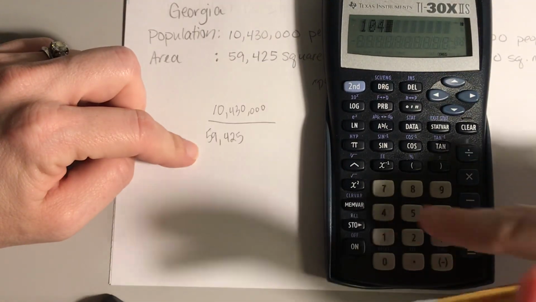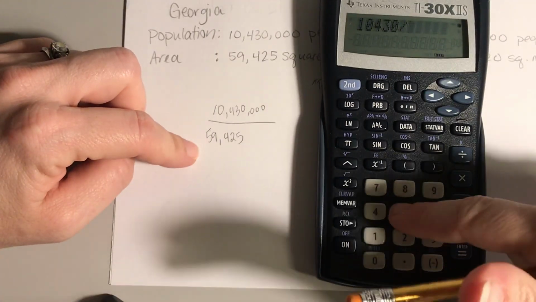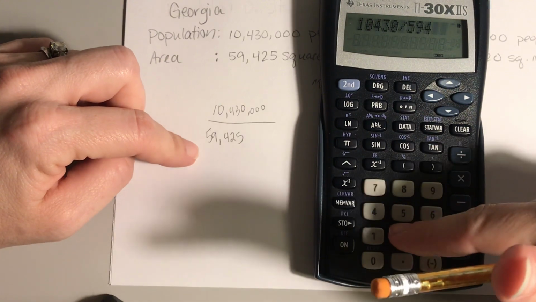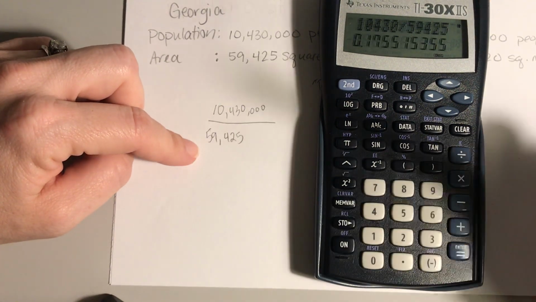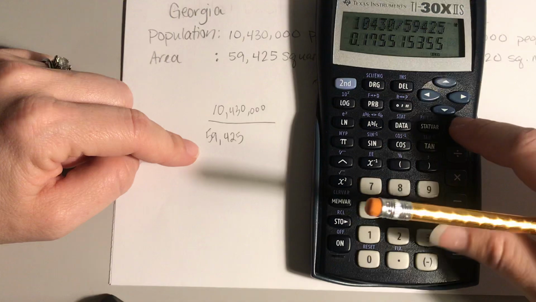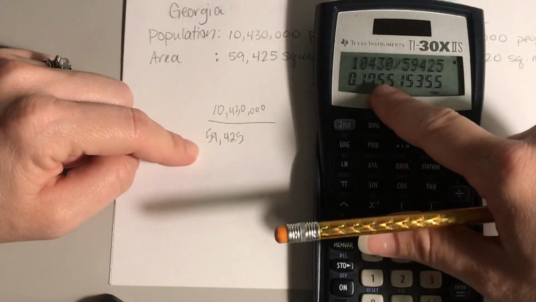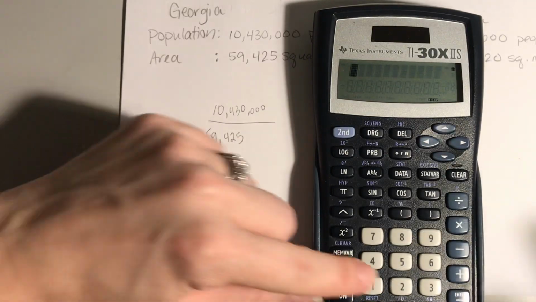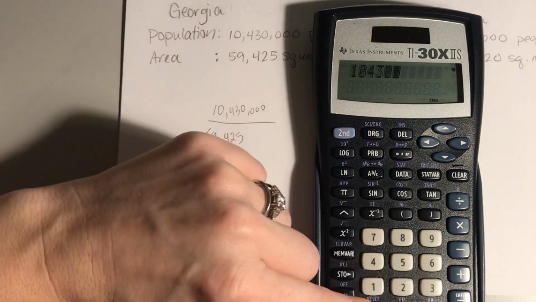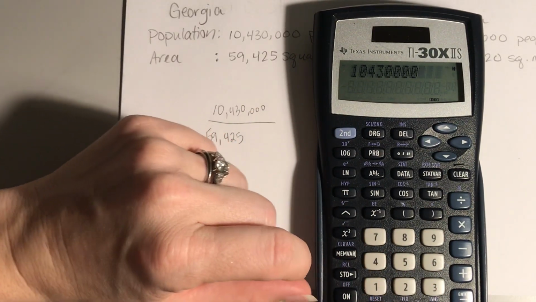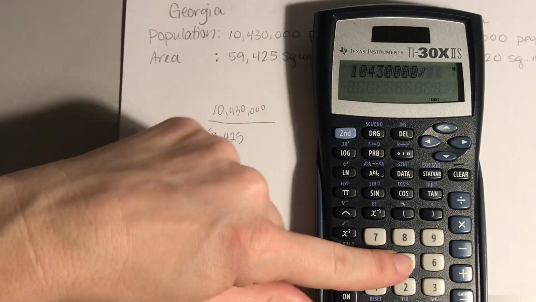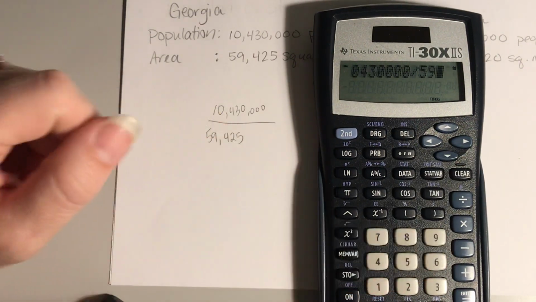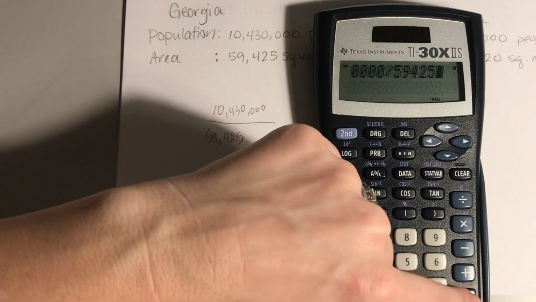So 10,430 divided by 59,425. And look, do you see my mistake? I forgot to add all the other zeros for the population. 10,430,000 divided by 59,425.